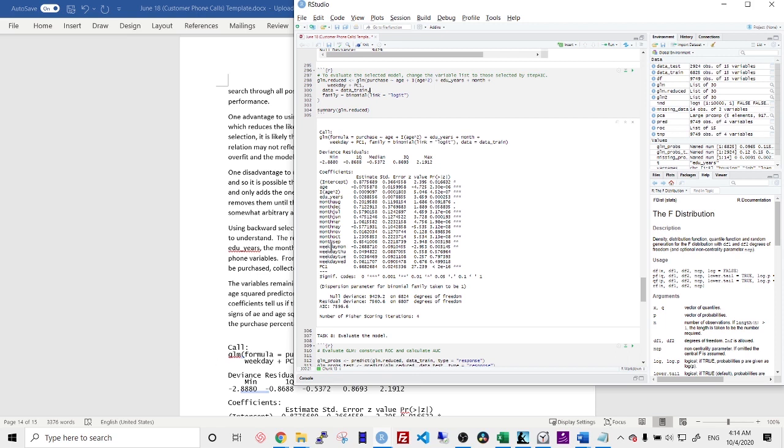Because weekday was included as a factor variable, it could either keep in all of the weekdays, Sunday through Monday, or it could remove all of them. And because some of the weekdays are predictive, like Monday, for instance, it also keeps in Tuesday and Thursday, even though there may not be any difference between them.